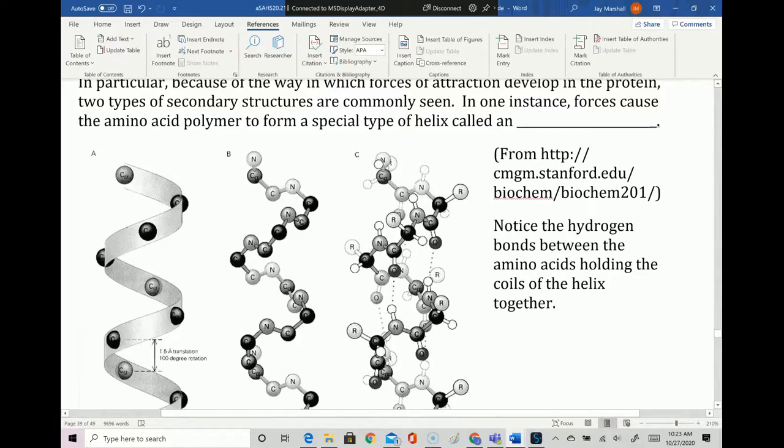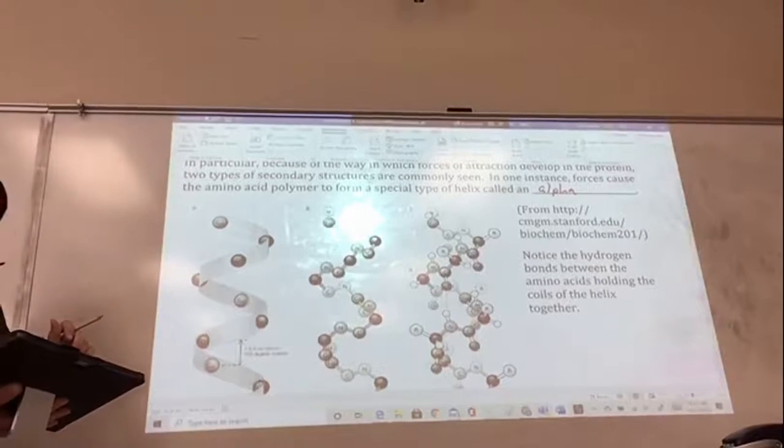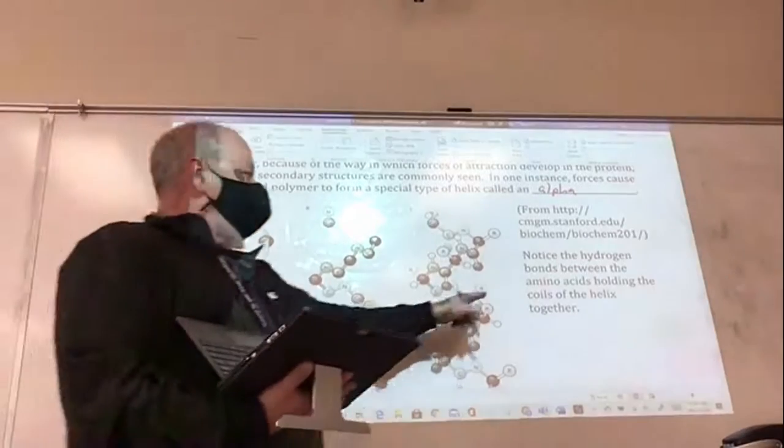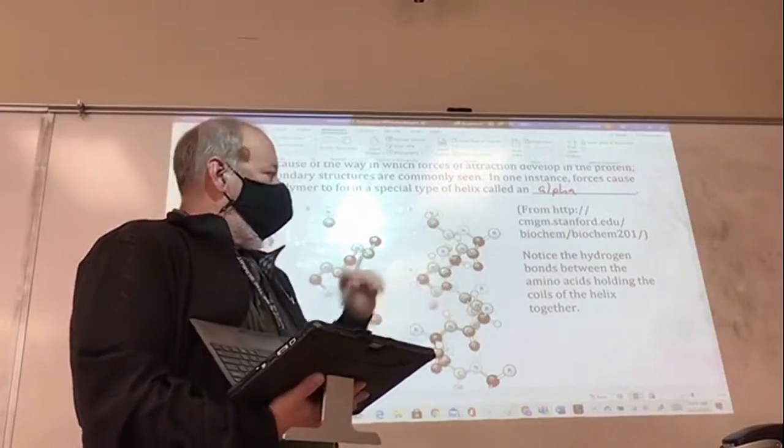This is showing all of the atoms together creating this helix, and then this is adding in the forces that pull it into that helix, and this is called an alpha helix. So that's one type of secondary structure. And these bonds between the amino acids hold this helix together.